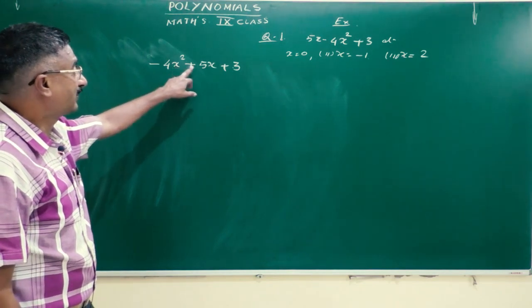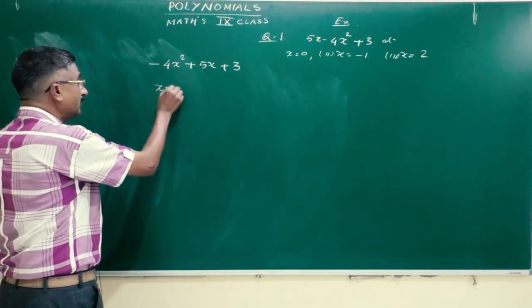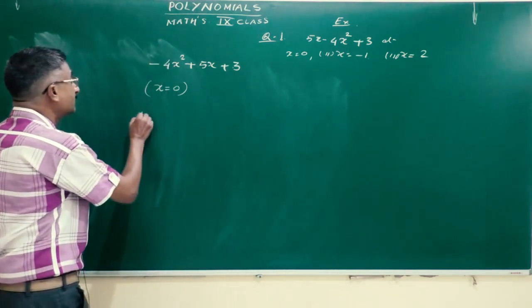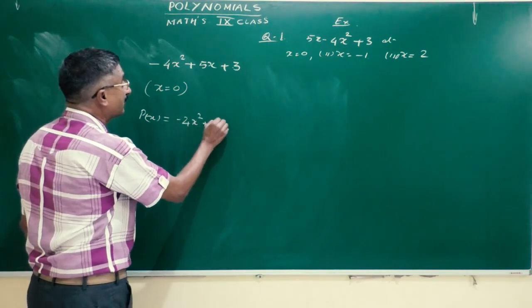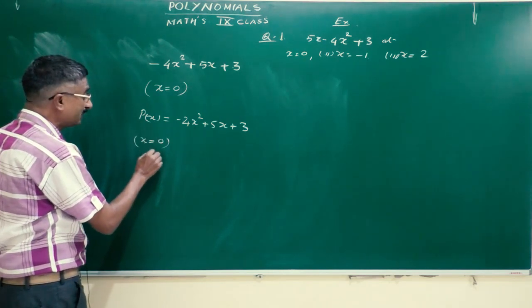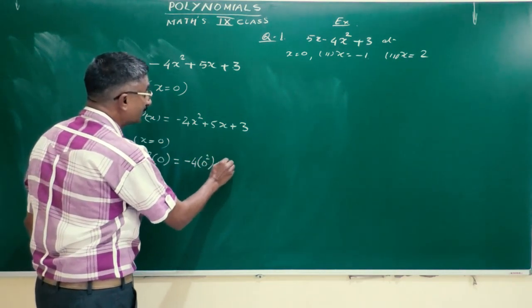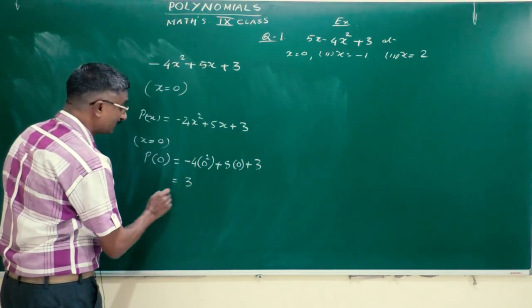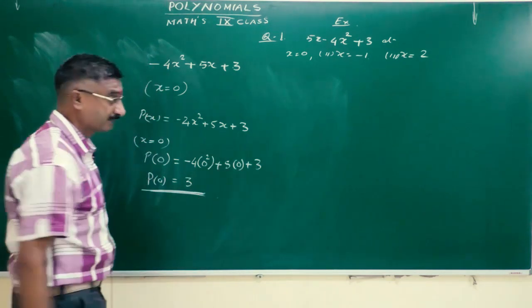So x square first, then x, then the zero power. Find the value when x is equal to 0: p of x is equal to minus 4x square plus 5x plus 3. Substituting x is equal to 0, p of 0 is equal to minus 4 into 0 square plus 5 into 0 plus 3. So this is equal to 3. So p of 0, the value is 3.